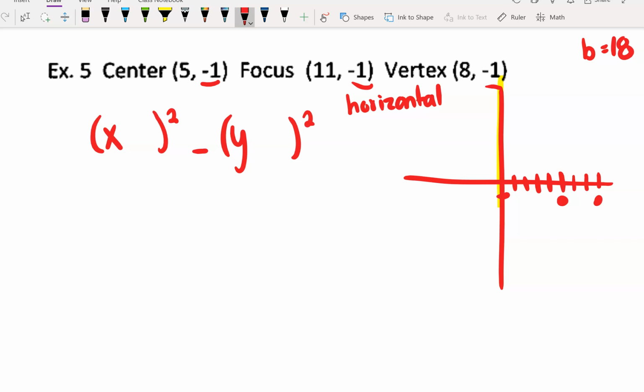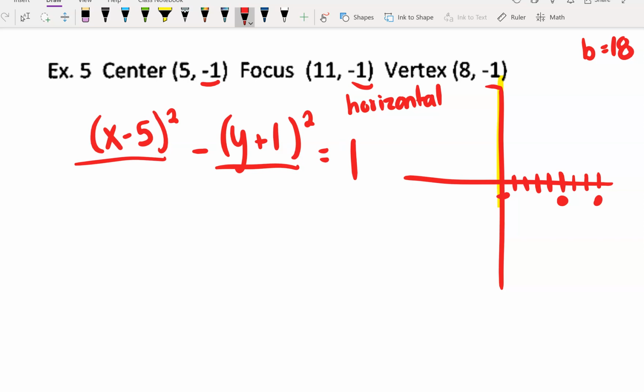And then I'm just going to put -5 in here because the center is (5, -1), and +1 here. It's just the opposite of both of those numbers that go in there. And then this is going to equal 1. So now what I need to do is find my a value and my b value.